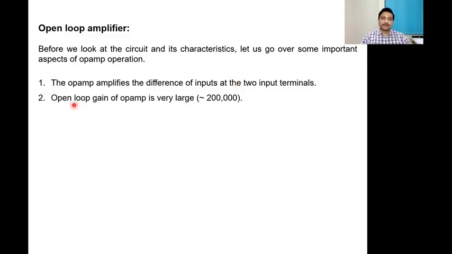Now some of the characteristics of a general operational amplifier. The open loop gain of an op-amp is very, very large. Ideally infinite, but for the 741, and the numbers I'm going to quote here are for the 741, the open loop gain is actually about 200,000. So very, very large gain.